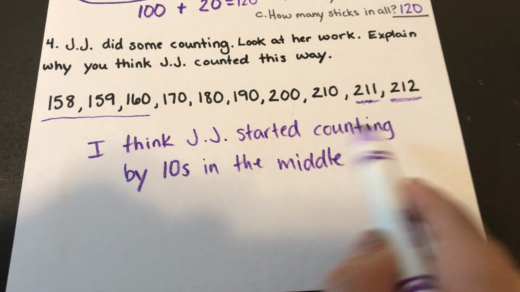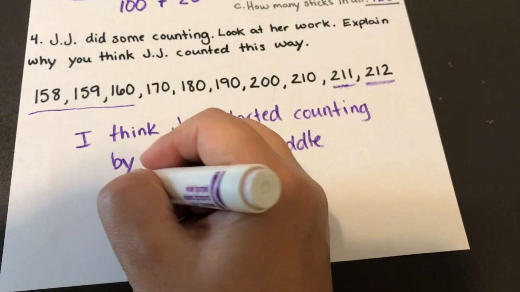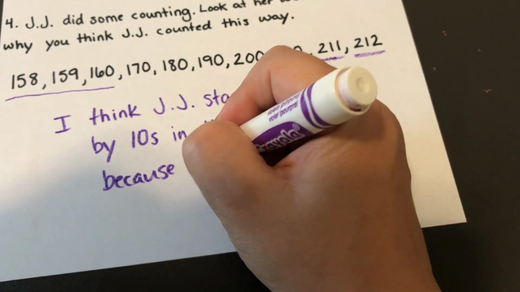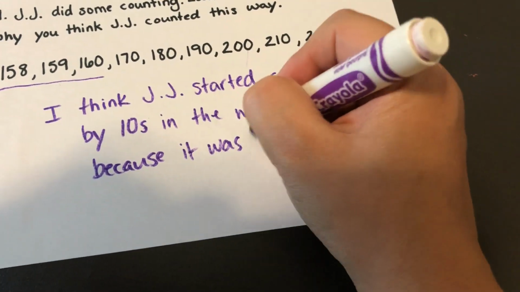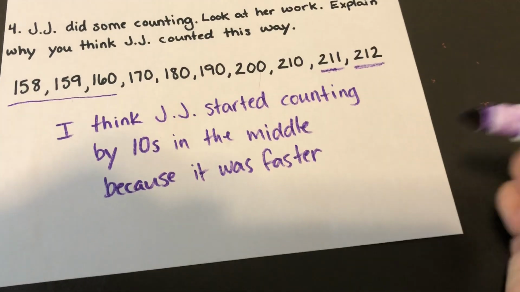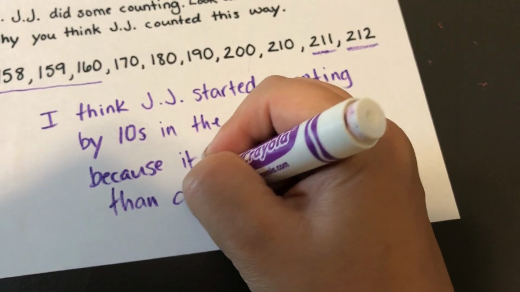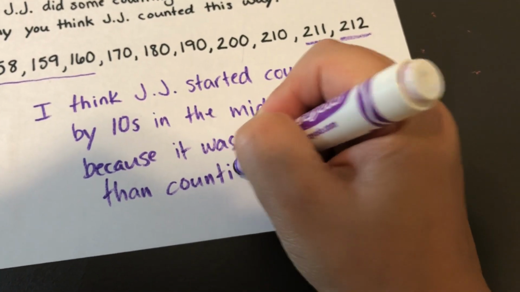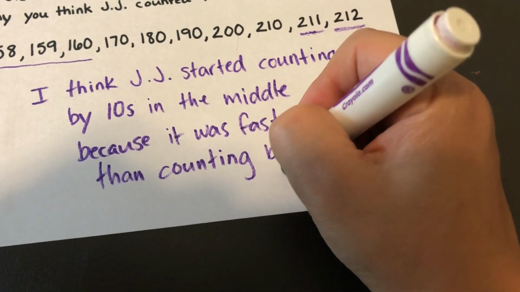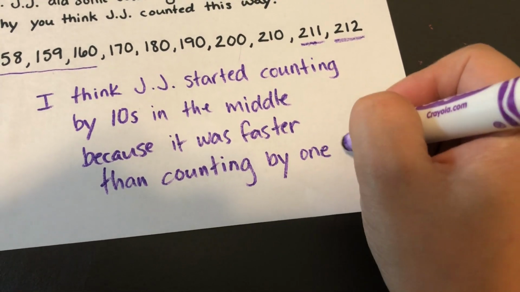So I think JJ started counting by tens right here in the middle because it was faster. It was faster than counting by ones. Because if she was going to start at 158 and count by ones the whole way until she got to 212, it would have taken her a really long time.